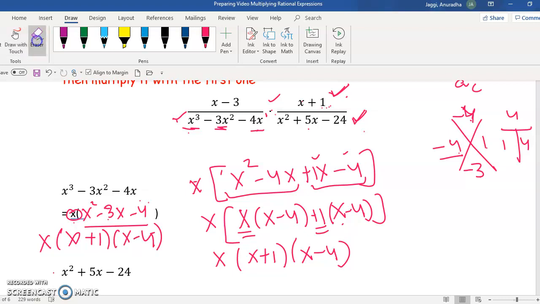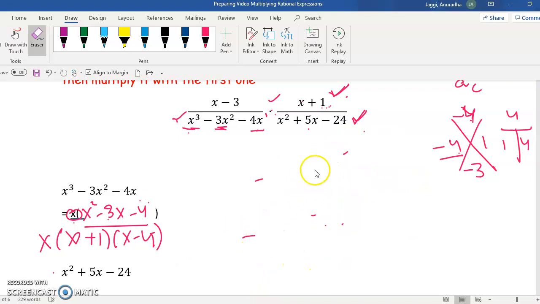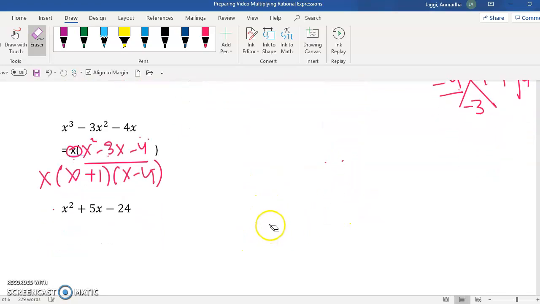Okay, let's get some space here and factor the second denominator now. Okay, so I have x squared plus 5x minus 24, and A is equal to 1, B is equal to 5, C is equal to negative 24.